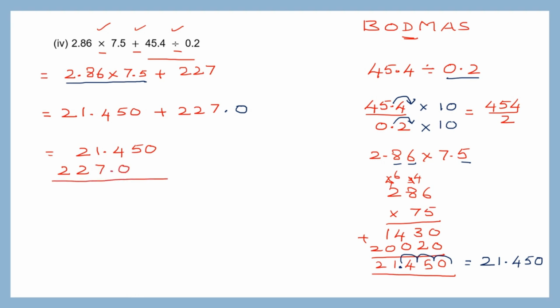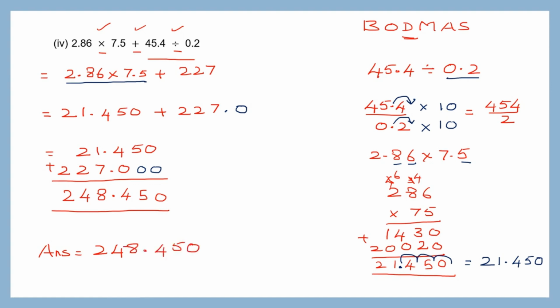Now, wherever there are numbers missing, we'll add the zeros to make them like decimals, and we will now continue with our addition. 0, 5, 4, point. 1 plus 7 is 8, 2 plus 2 is 4, and then 2. So what is my final answer? It is 248.450.